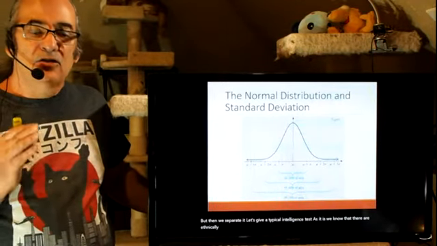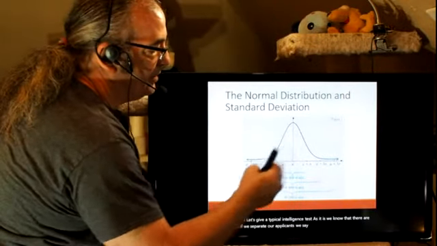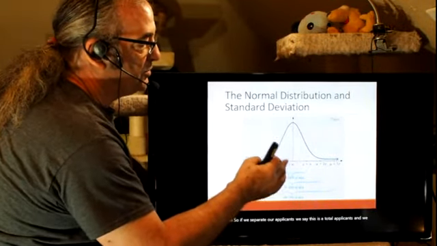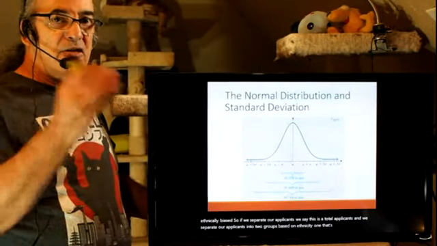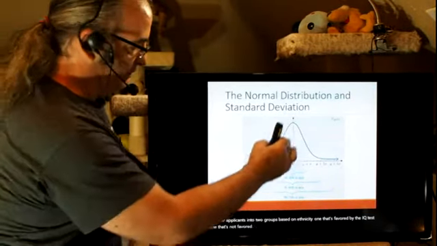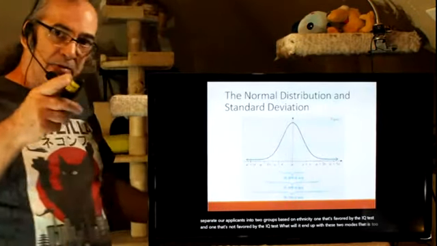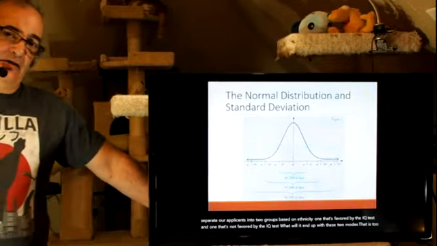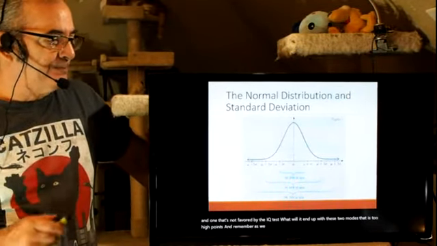So if we separate our applicants into 2 groups based on ethnicity, one that's favored by the IQ test and one that's not, we'll end up with 2 modes, that is 2 high points. And remember, as we talked about before, that's an indicator that adverse impact is probably the result of using that measure.